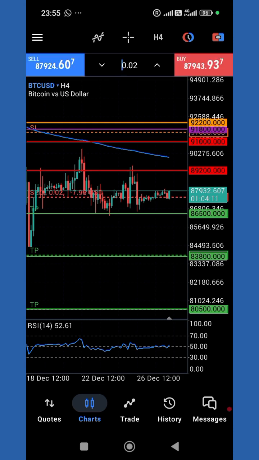We are going to abandon going short, like selling the instrument. That means the market will then be targeting 95,000 to 97,000 in a bullish form. That is what it will be.